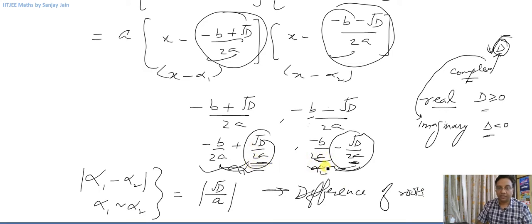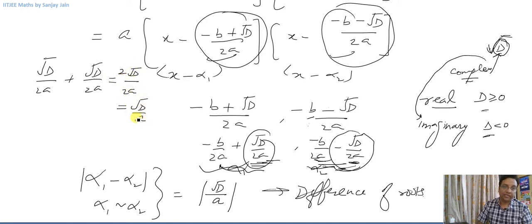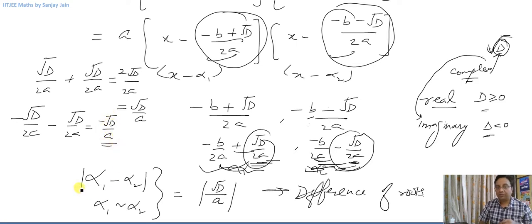You can do the subtraction part yourself. If you subtract, let us say, this from this, then it will give you root d by 2a plus root d by 2a, that is 2 root d by 2a, that is root d by a. Another way of subtracting could have been that you subtract this from this, so then you will get root d by 2a minus root d by 2a, that is negative of root d by a. But here we are talking about difference, we are not talking about sign.